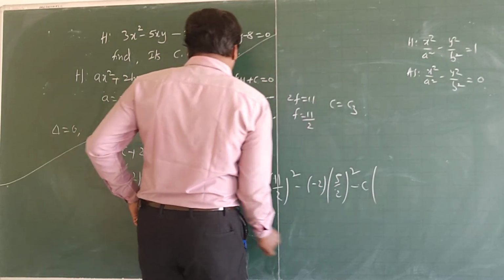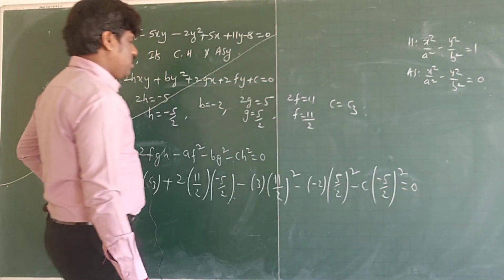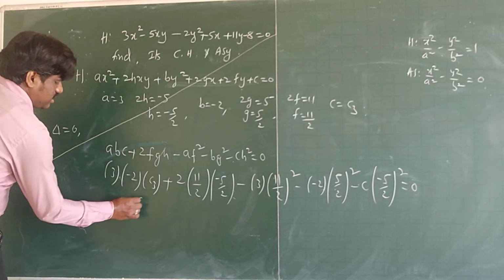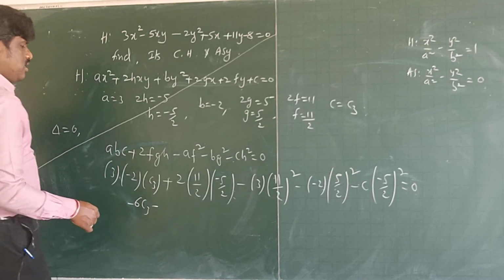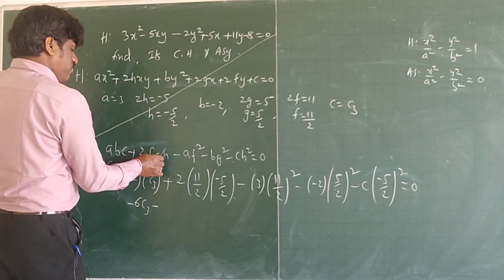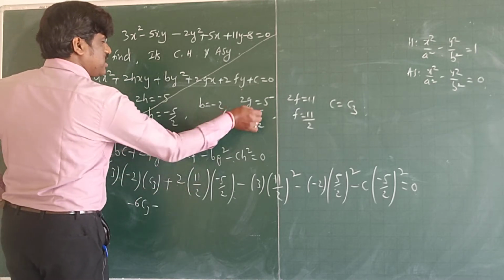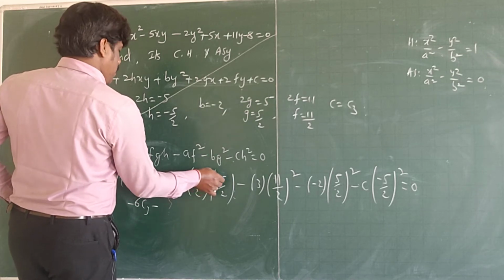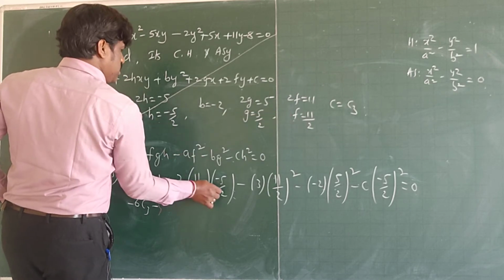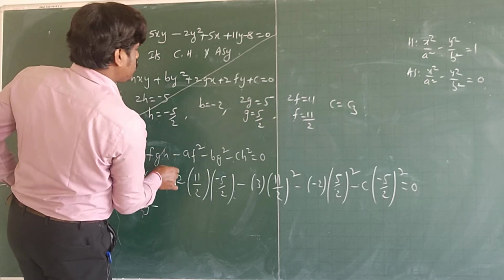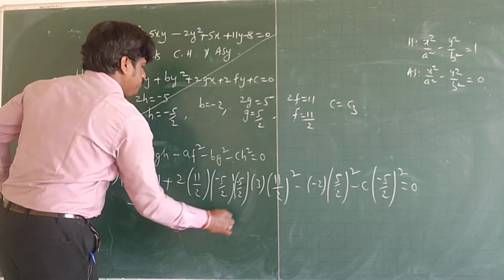Minus c into h square: c into minus 5 by 2 whole square, is equal to 0. So abc gives minus 6c3.